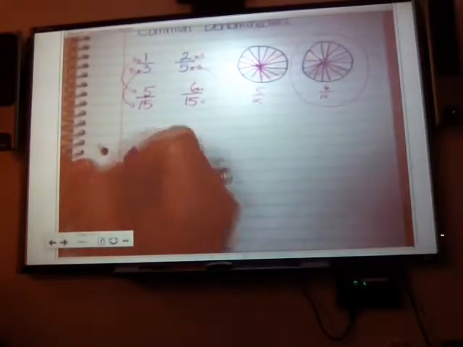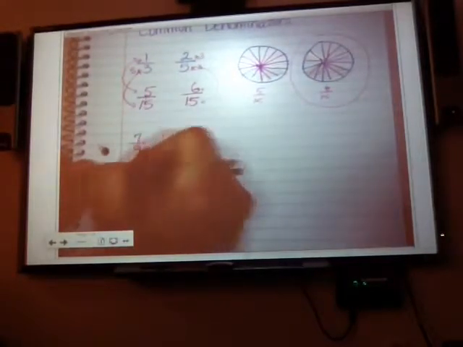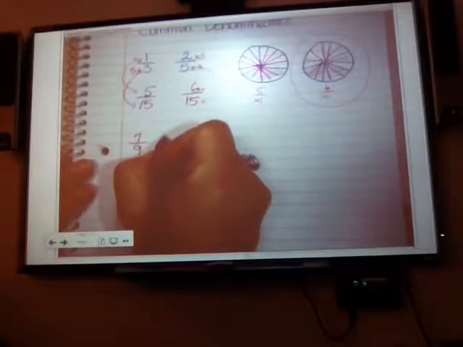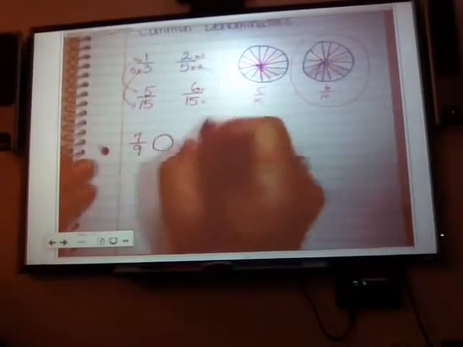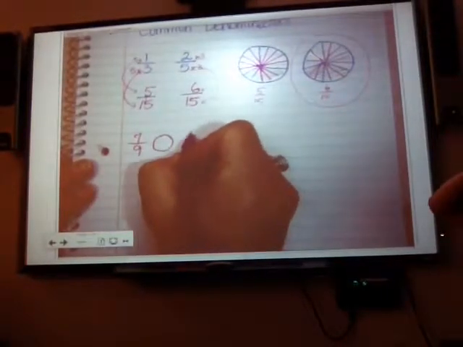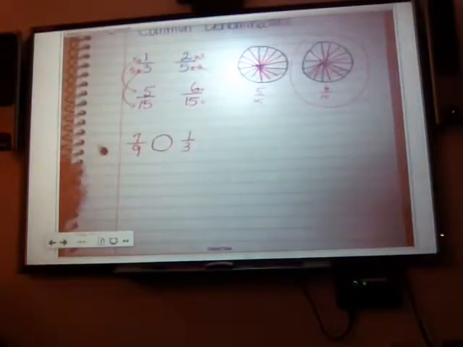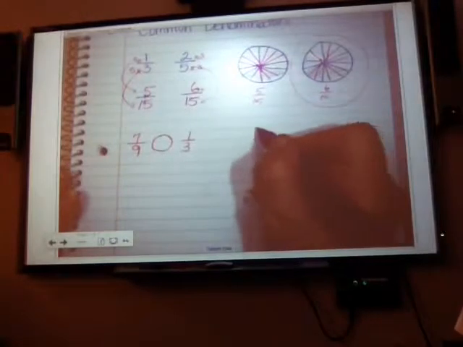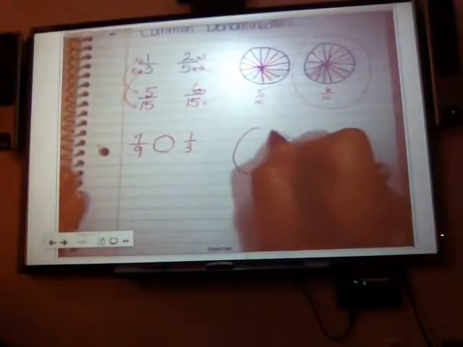All right, let's do another one. 7/9. And we can even compare them. Is 7/9 greater than, less than, or equal to 1/3? So again, pictorially, a poor demonstration, but nevertheless showing you.